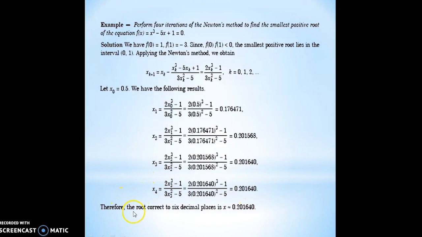Your answer, the root of this equation, will be 0.201640. Okay, so this is the answer of this equation. Okay, so we will continue with the next point.